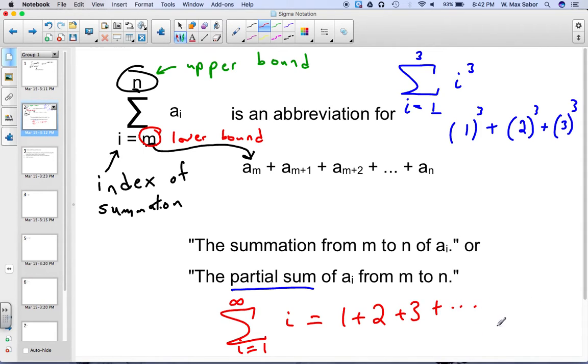And under normal techniques, we'll say that that's infinity and it diverges. But typically, we're gonna start dealing with partial sums with a number on the top.